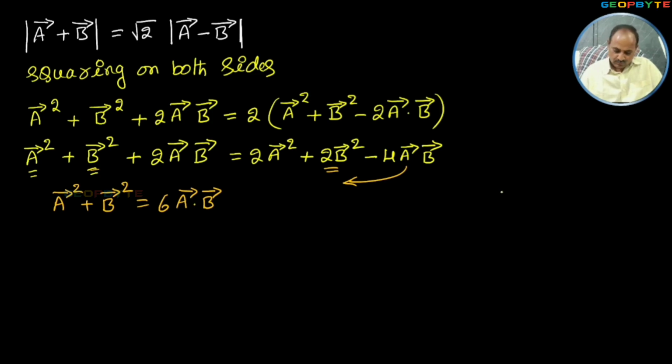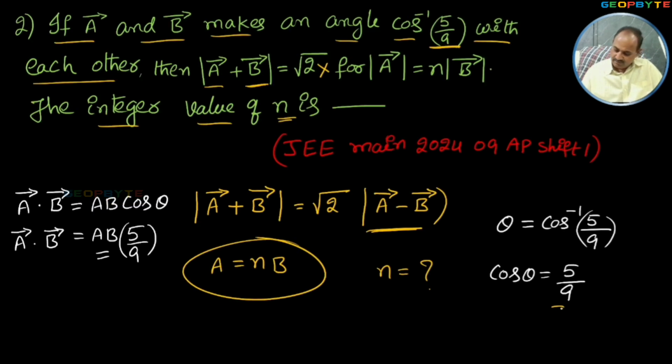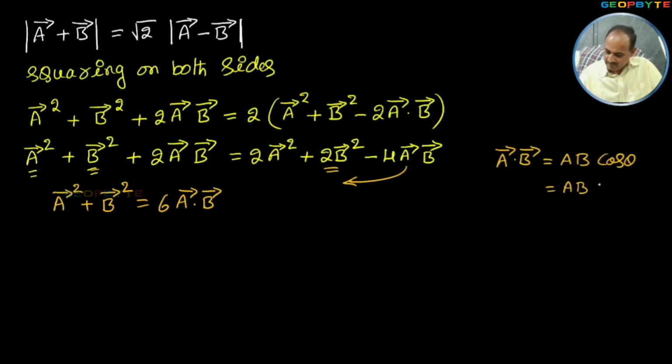But you know A bar dot B bar is equal to AB cos theta, that we have already decided. AB cos theta is how much? 5 by 9. Let us write that value.